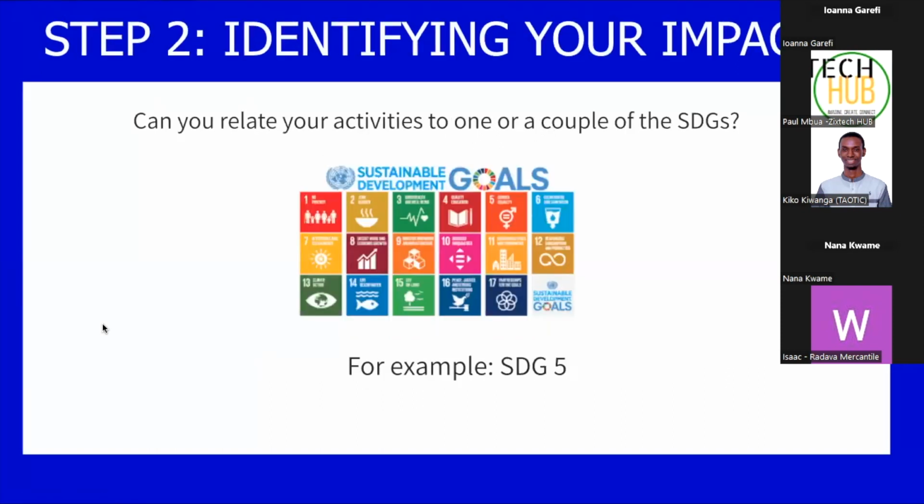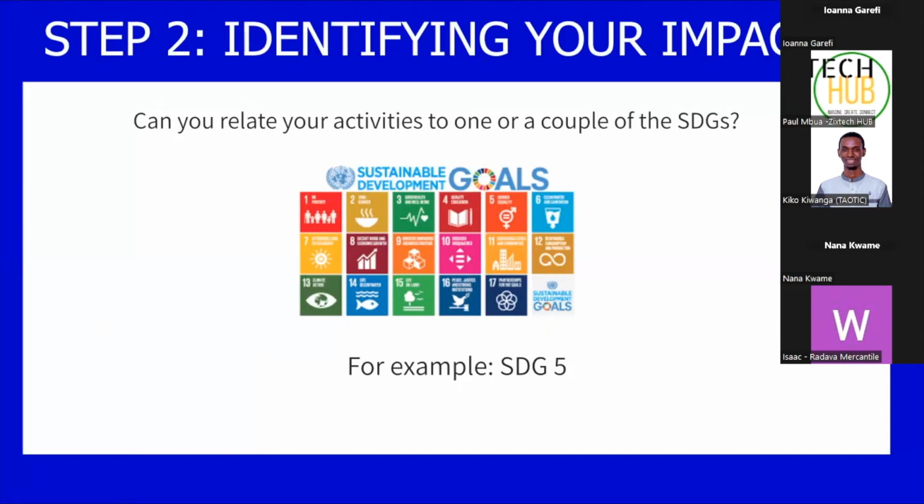Step 2, you identify your impact, your big, let's say, northern star, okay? The big impact you want to have. And my recommendation for that is to relate your activities to one of the SDGs. The SDGs, the 17 Sustainable Development Goals, are a blueprint for all kinds of social, environmental, and economic challenges.